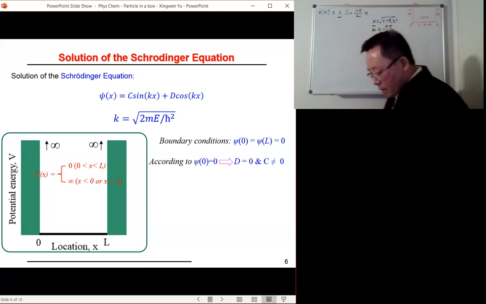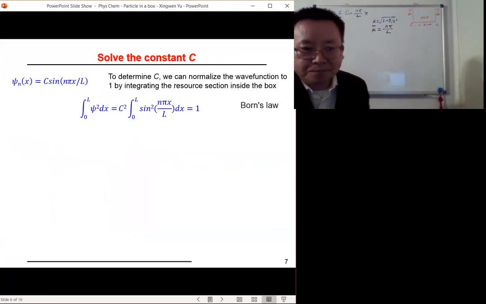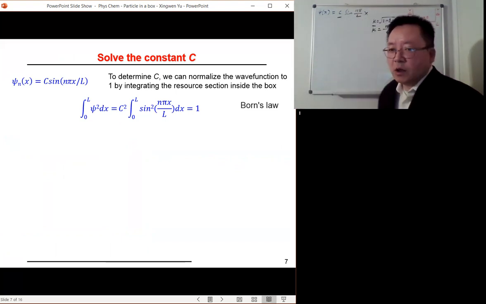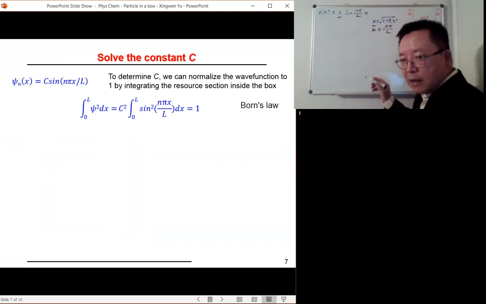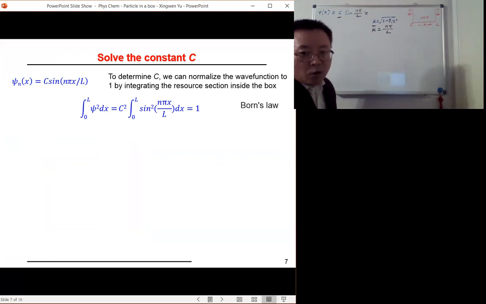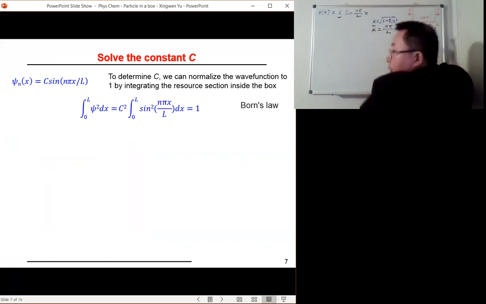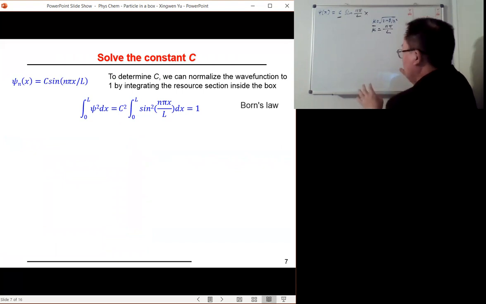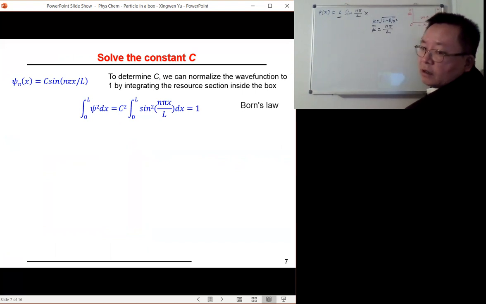To solve the constant C, we need to apply a law called Born's Law. According to Born's Law, the probability of finding a particle inside the box, inside the domain, must be 1. The total probability of finding the particle inside the box is 1.